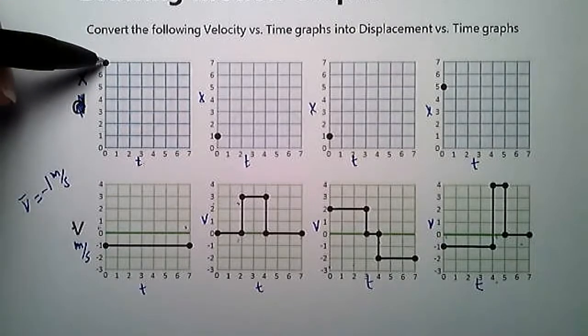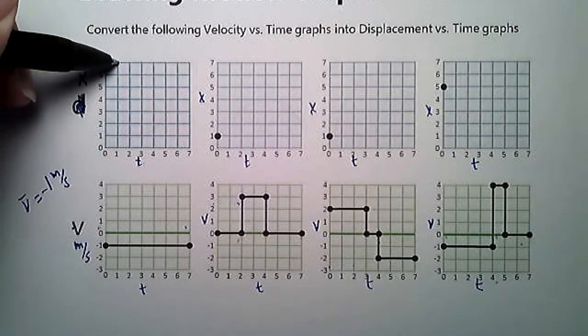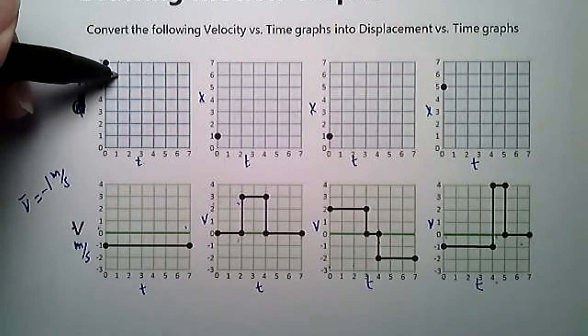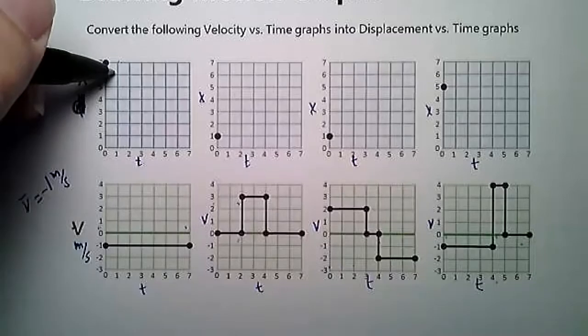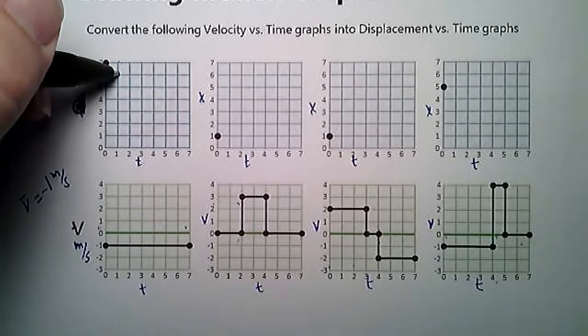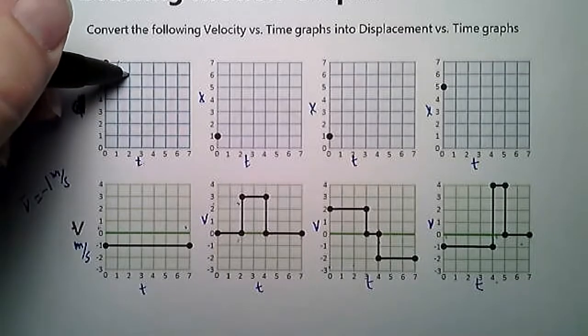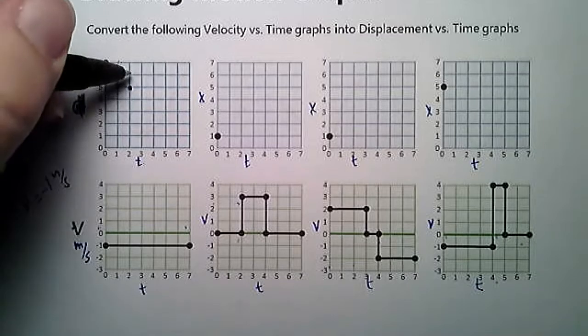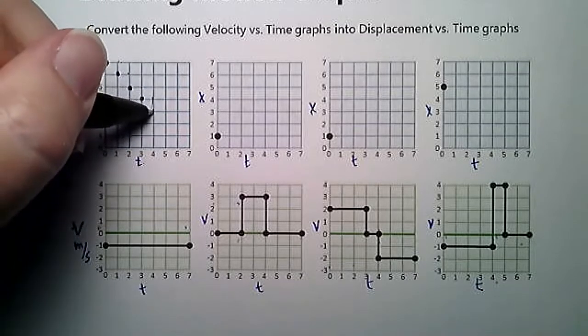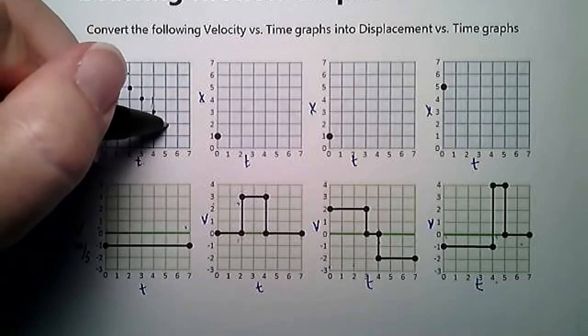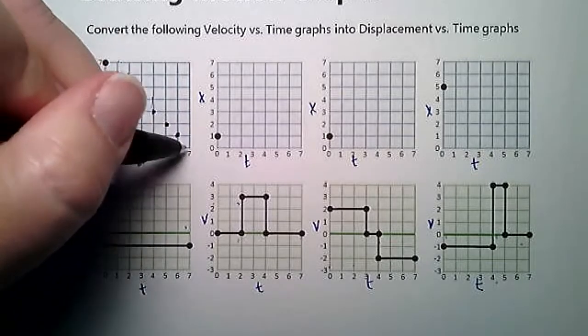And so that means that for each 1 second that I move over, I lose 1 meter, -1. So over 1 second, down 1. I go 1 more second and I lose another, 1 more second and I lose another meter, and so on and so forth, all the way until I get right here.